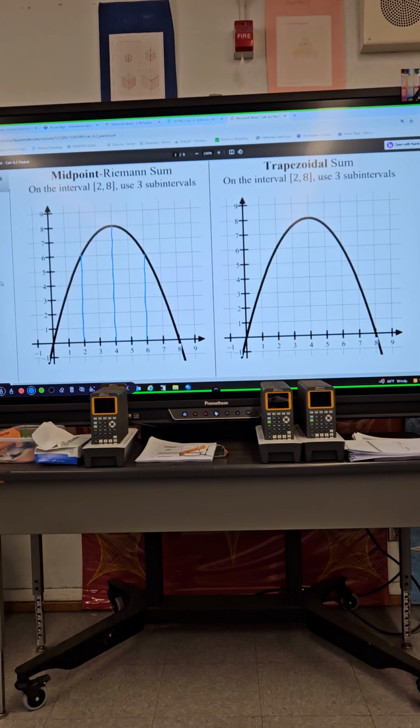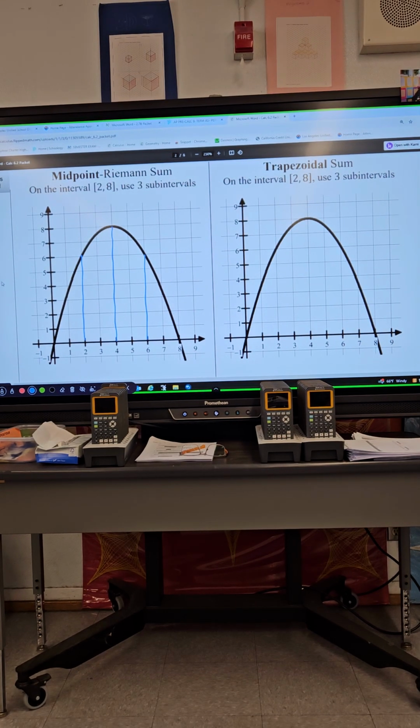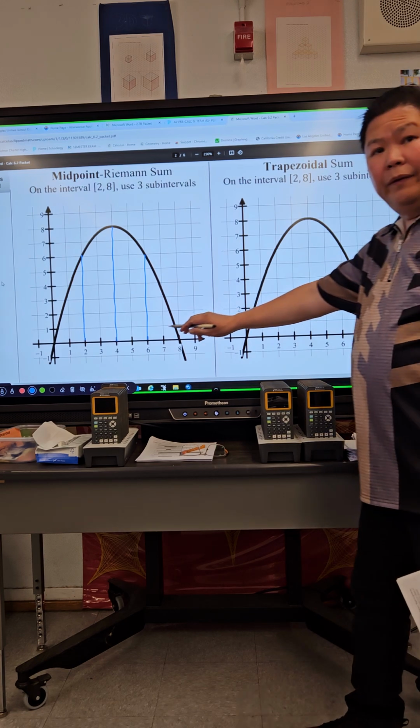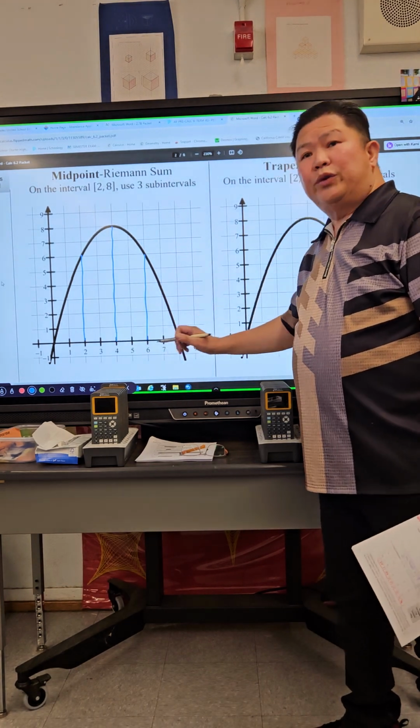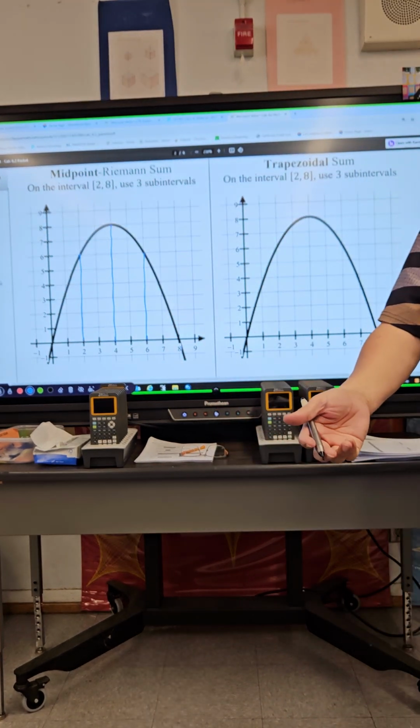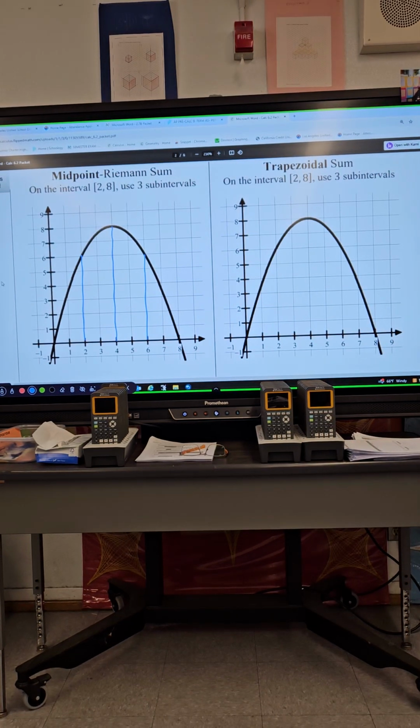Any question, guys? Okay, so let us continue. What is in between? The first interval is from 2 to 4, right? Can you see the first interval right here, the width? 2 to 4. What is the middle? 3 is the middle, or the midpoint. Did you get me?